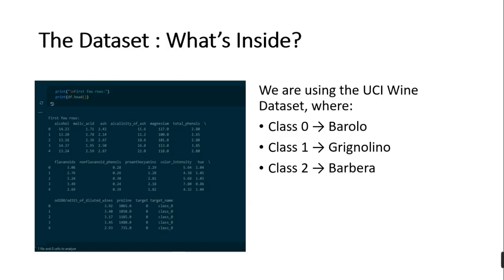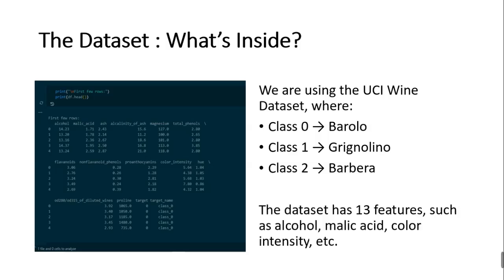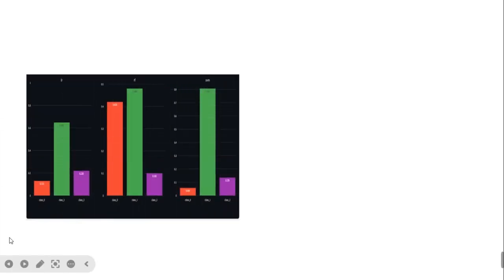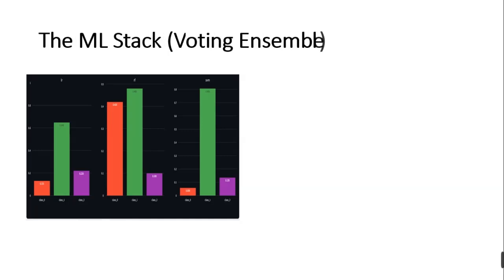Others might consider this a toy dataset, but I haven't stopped at creating just a notebook. As you can see in this graph, it shows the predictions of the individual models, 3 models. Yes, I'm using a voting ensemble.